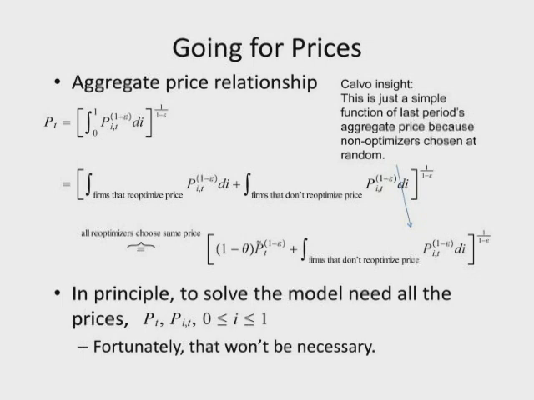But this is one nightmare-looking thing, because it will have a whole distribution of prices in it. Some people changed their price yesterday, so they'll have one price. Other people haven't changed their prices for 2 periods, so they'll have a different price, and so on. The ones that don't change their price come in every shade and color and size. So the first substitution comes down to there, and the real issue is this one here.